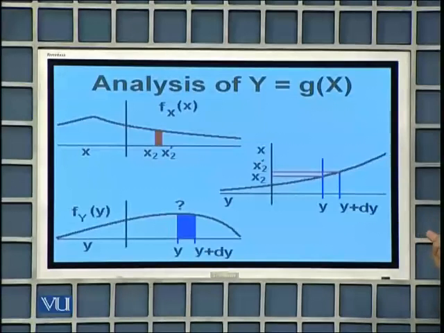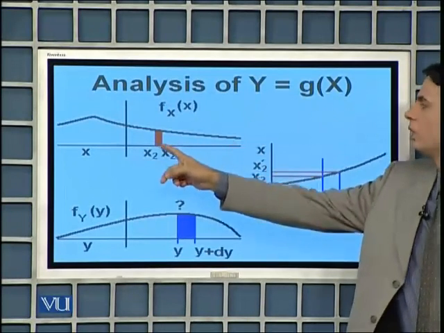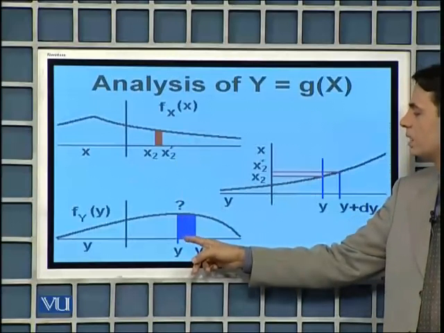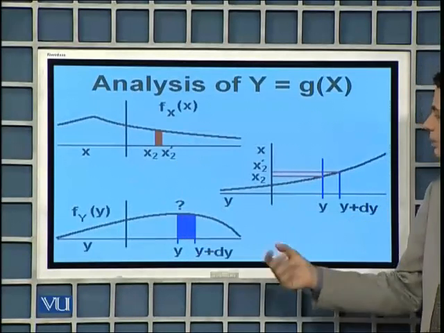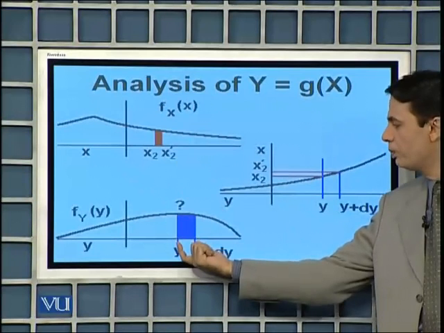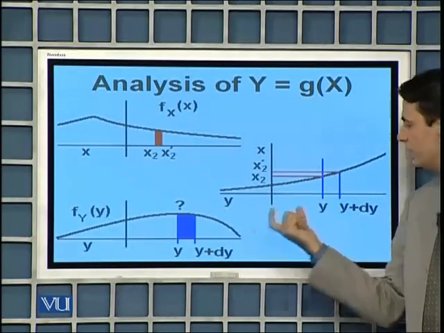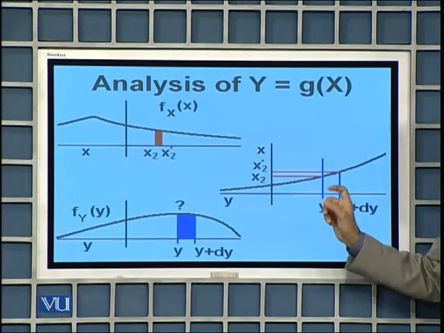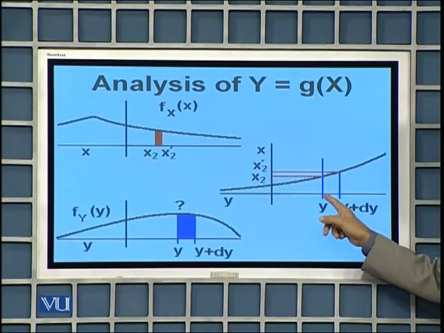So let's have a look at this inverse function and see how it helps us get an interval on x, PDF of x, from this interval on PDF of y. If we take these 2 points y and y plus dy and put them here, then this inverse function gives us 2 points.